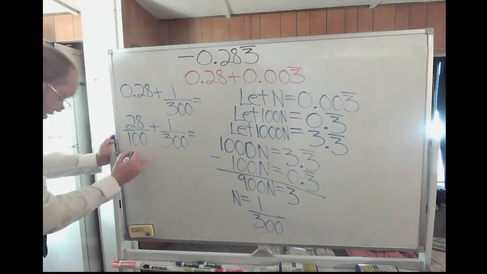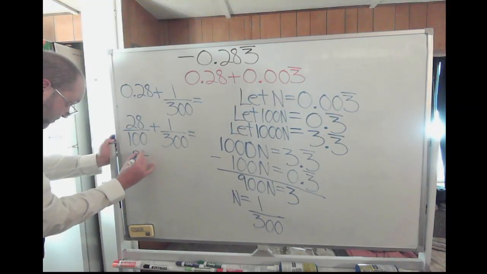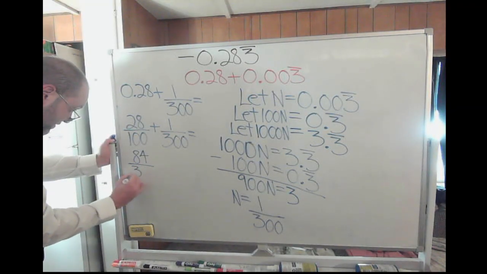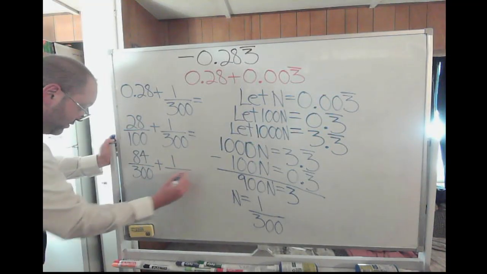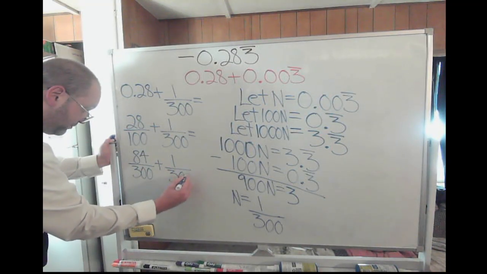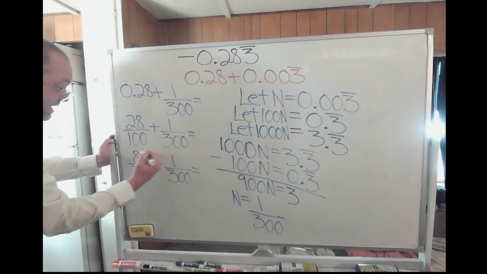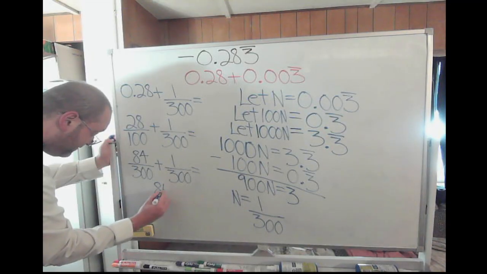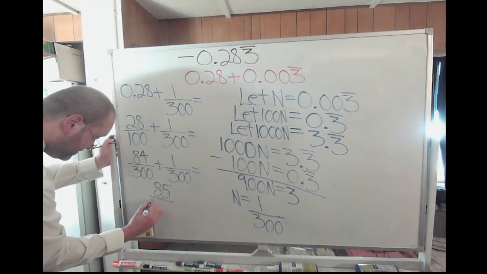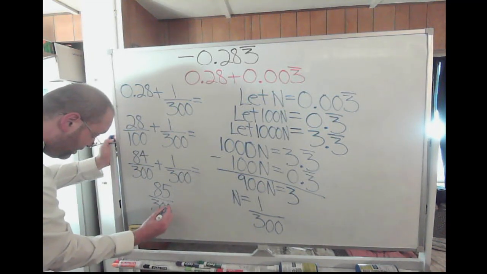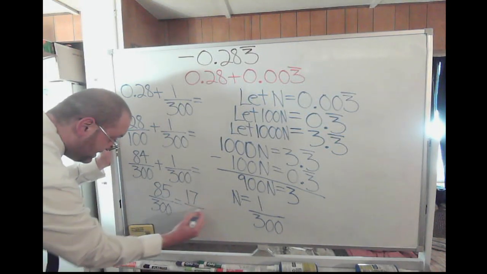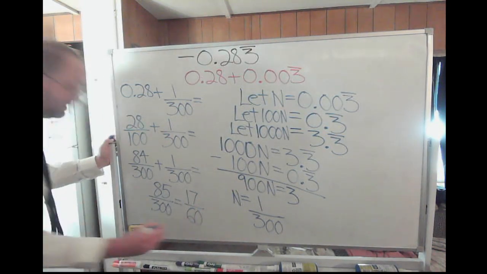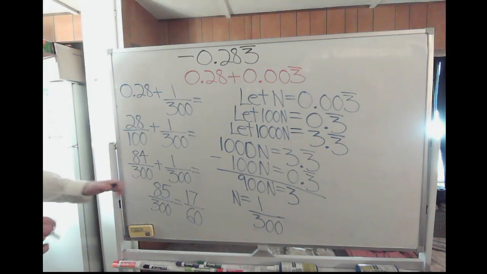If you do that, you'll get 84 300ths plus 1 300th, which when you add those, you'll get 85 300ths, which would reduce to 17 60ths. And 17 60ths reduces no further.